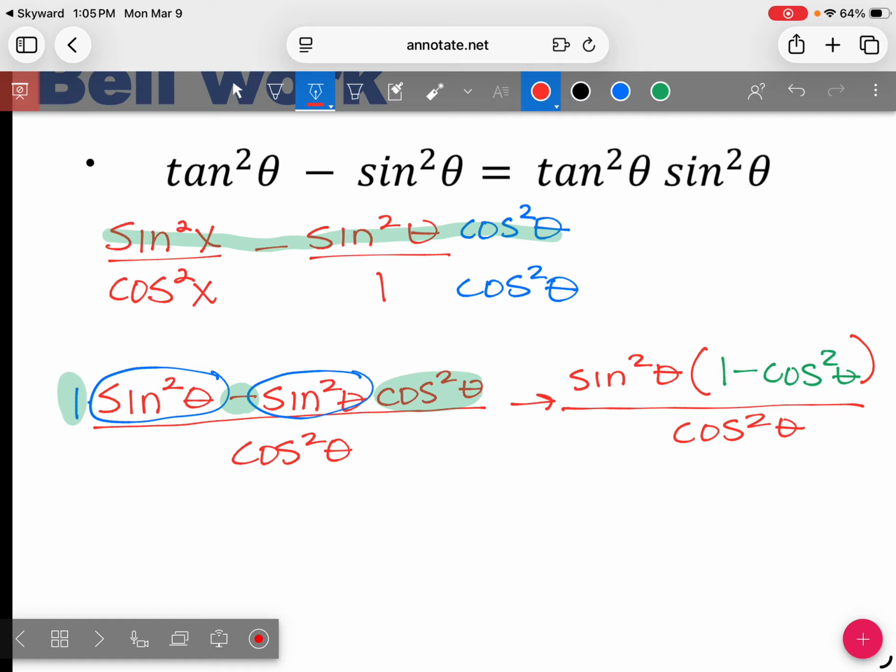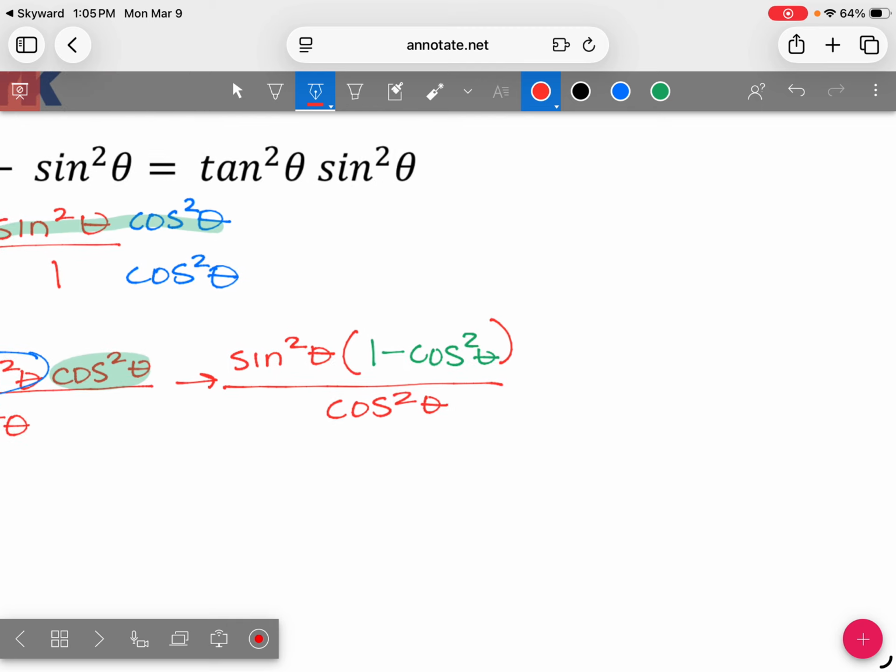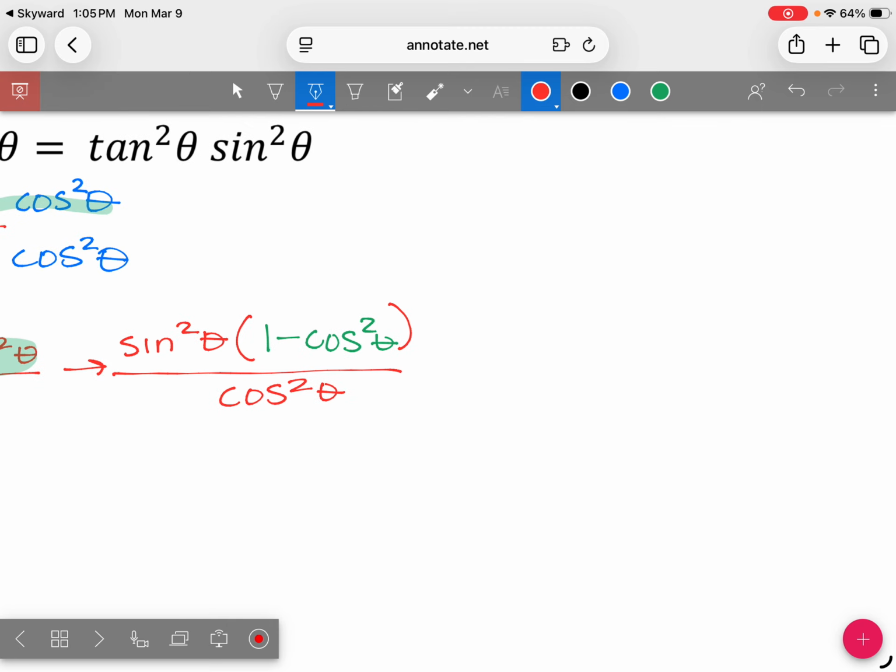And what does 1 minus cosine squared equal? Sine or sine squared? Sine squared. So now, when I replace that, I have a sine squared theta times another sine squared theta.